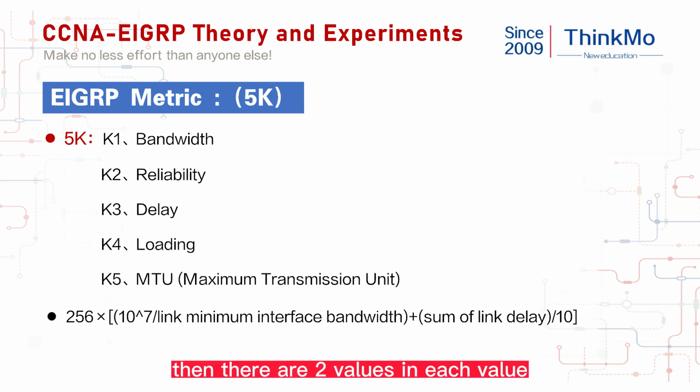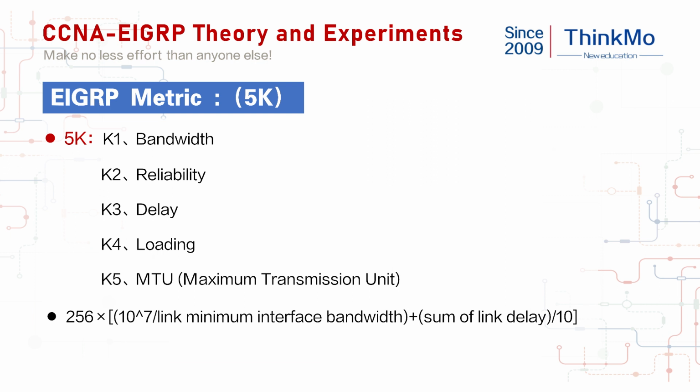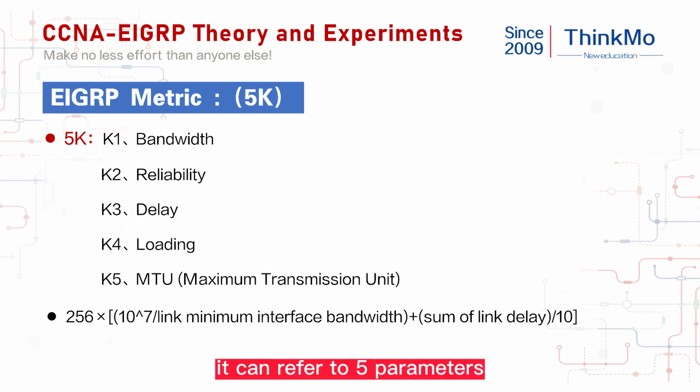Then each value has 2 states, 0 and 1. 1 means reference, 0 means no reference. For EIGRP, it can refer to 5 parameters.